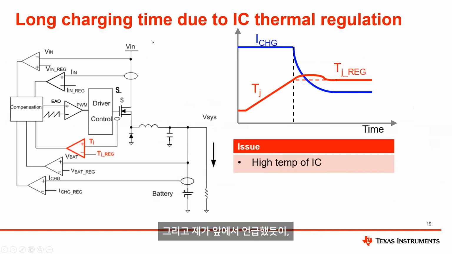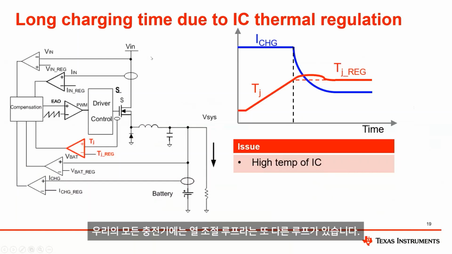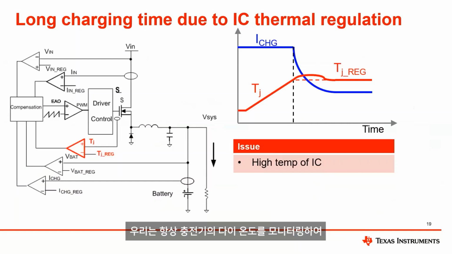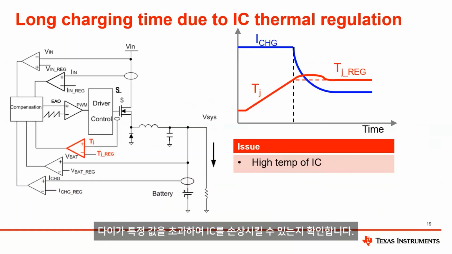And as I mentioned earlier, all of our chargers have another loop, which is the thermal regulation loop. So we always monitor the die temp of the charger to make sure that the die hasn't exceeded a certain value and could therefore damage the IC.